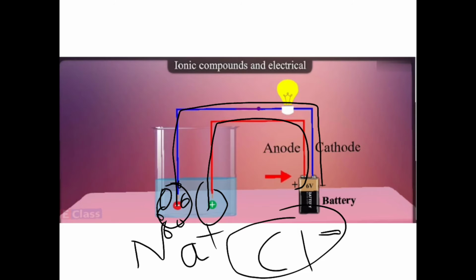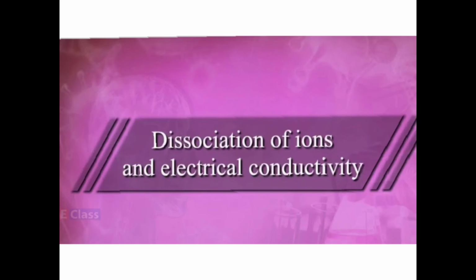And chloride being negatively charged will go towards the positively charged electrode. Why? Opposite charges attract each other, right? So this chlorine will go towards the anode part, and we can see the bubbling over there. So it shows that the ions, when moving in the solution, move towards the oppositely charged electrodes, and due to the movement of these ions only, we can see that the current is flowing.